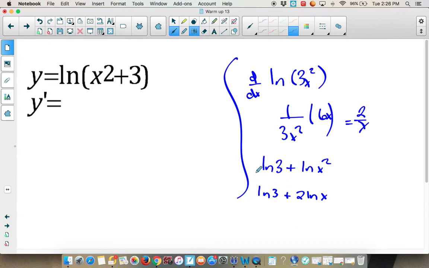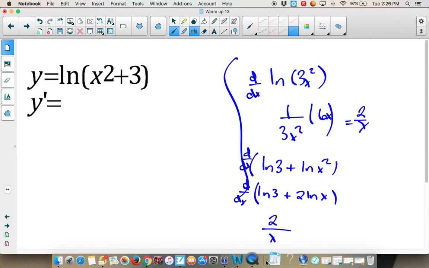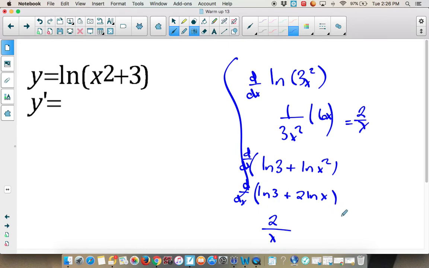Now if I take the derivative, ln 3 is just a number, and the derivative of 2 ln x is 2 over x. So with logarithms, it's frequently easier to expand first. Now this particular one doesn't expand, so this is going to be 1 over x squared plus 3 times 2x, the derivative of the inside. The chain rule applies.